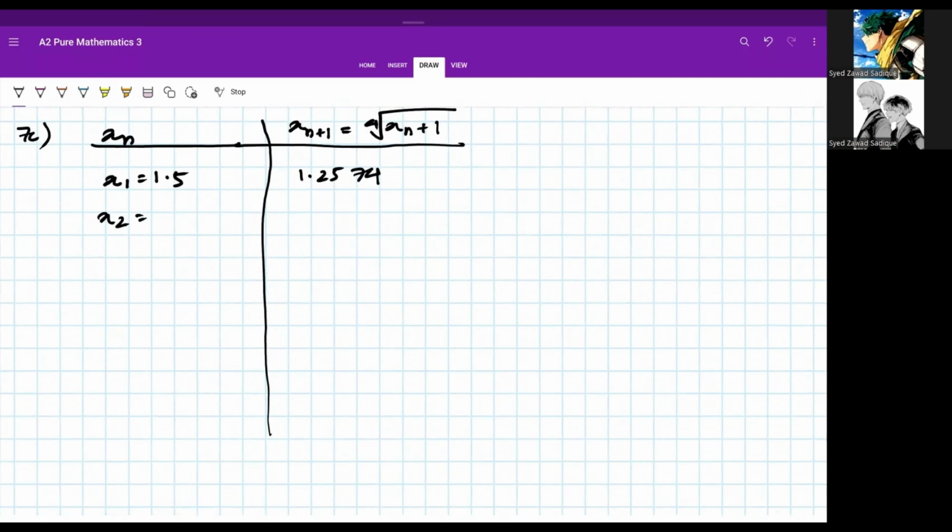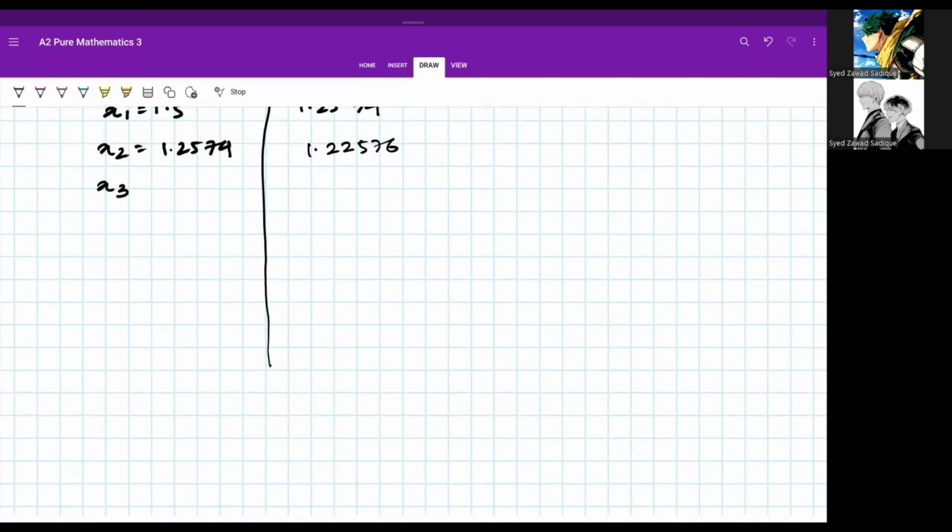When x2 is 1.2574, it's 1.22576. When x3 is 1.22576, it is 1.22143. x4 is 1.22143, it is 1.2208.